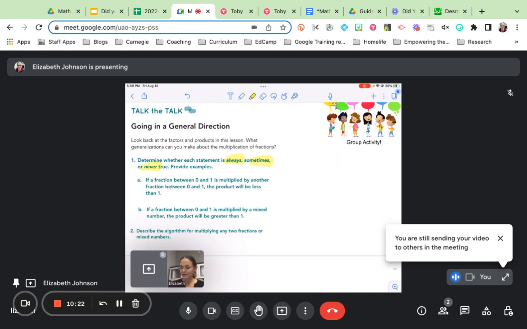There's a correct answer to each of these questions, and you have to decide as a group. Is this always true? Is this sometimes true? Or is this never true? You must provide examples to make your case. After doing this, you're going to describe the algorithm for multiplying any two fractions or any two mixed numbers.